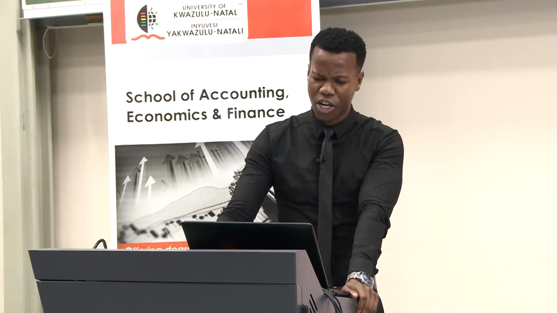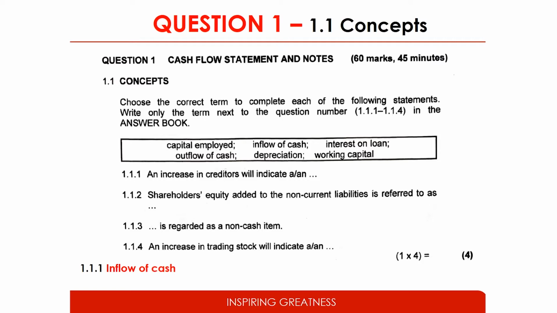The next question: the shareholders' equity added to non-current liability is referred to as. That means that you are using your capital, therefore it's capital employed by the business. And the next one, which is regarded as a non-cash item. If you look at the top, there is only one non-cash item that is glaring at you, that is depreciation.